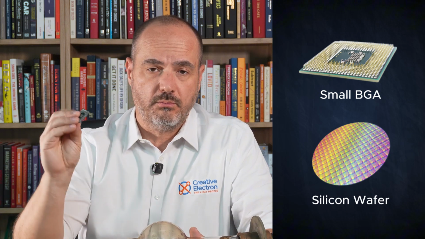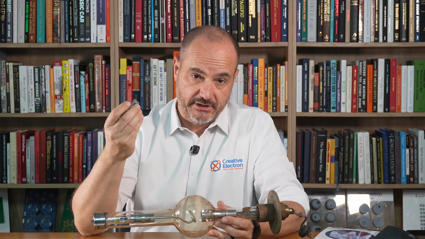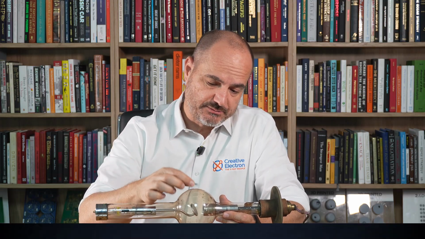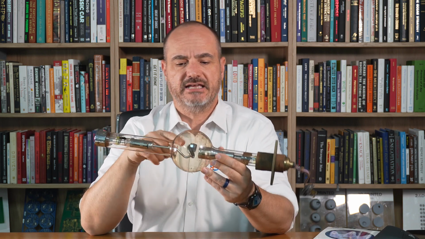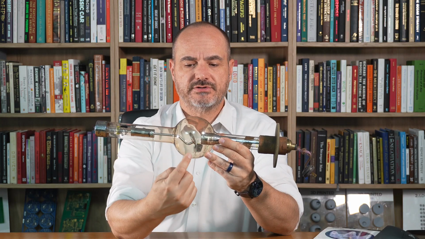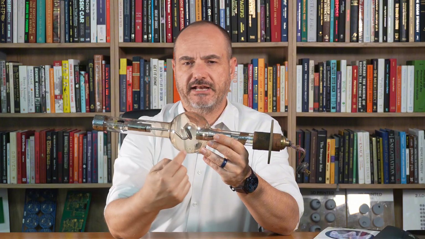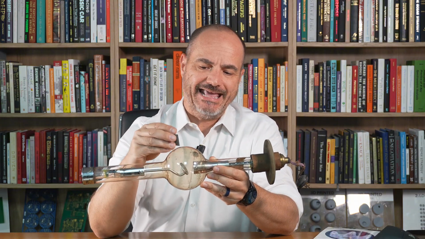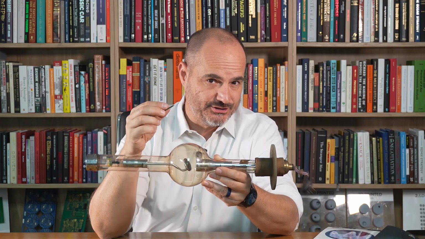And if you have a small component like a BGA or a silicon wafer, you want to be able to bring that sample as close as possible to the target to get you as much magnification as possible. With a reflective source like this, where the X-rays reflect on the target to create X-ray photons, there's also that gap between the target and the sample, which limits the amount of magnification you can achieve.